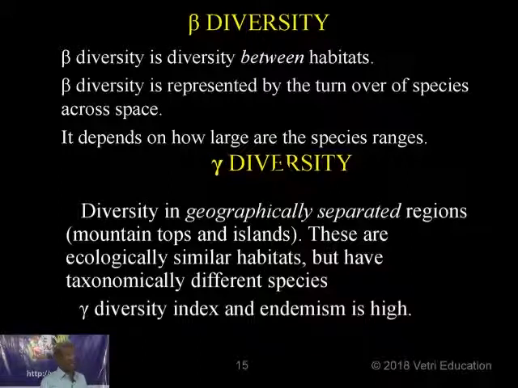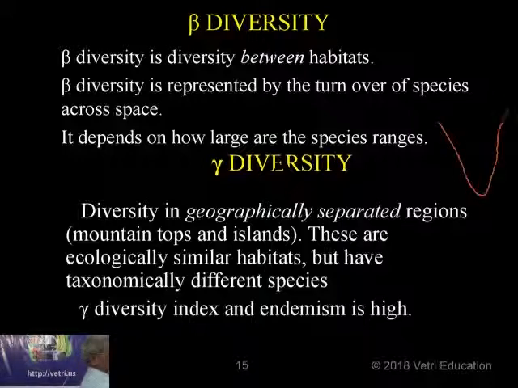Let us imagine, only a hypothetical example. Definitely there will be variation between these, because the three are in three different places. Since the distance between one and another is large, there will definitely be variation.